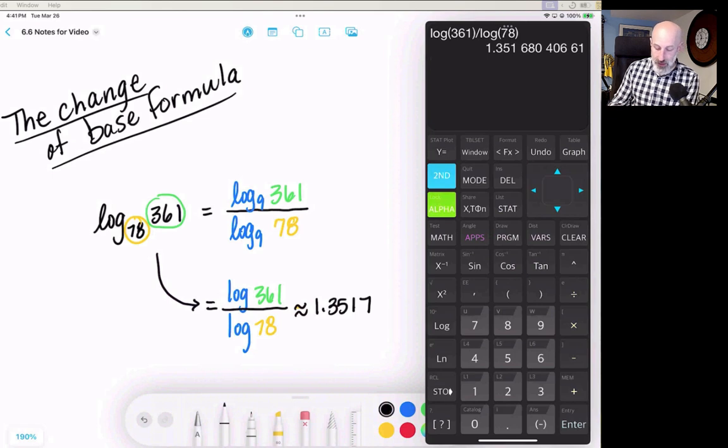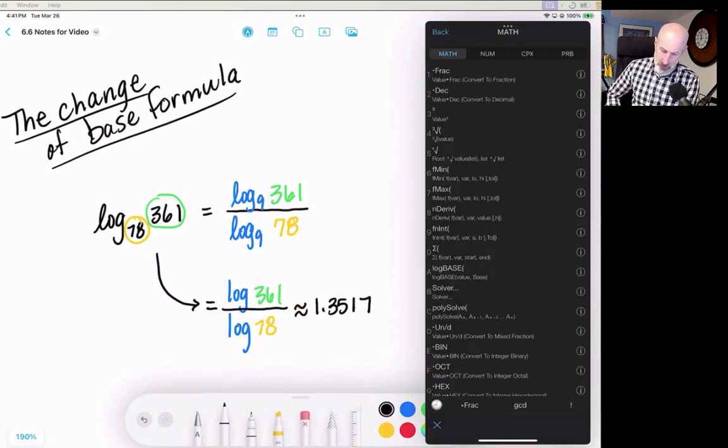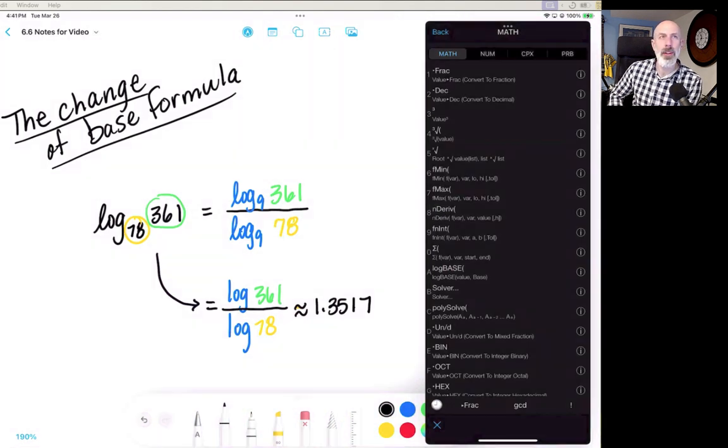Now, these calculators do have a way to type in a log of any base. I'm not sure how it's going to show up on this emulator, but if I hit the math button, I always say, aren't they all math buttons? But here we are.